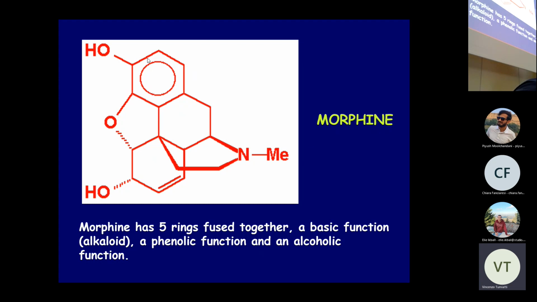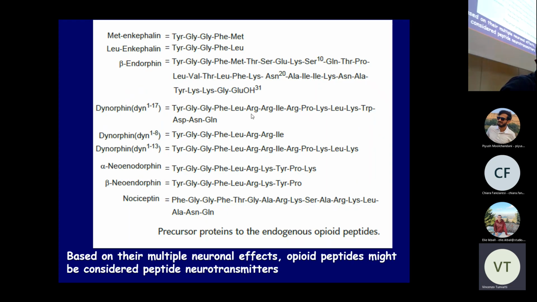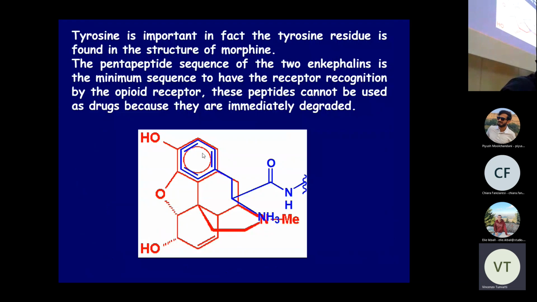And also it's possible to identify the residue of tyrosine, which is the first amino acid of the encephalin. So, okay, you see in this picture the residue of tyrosine.